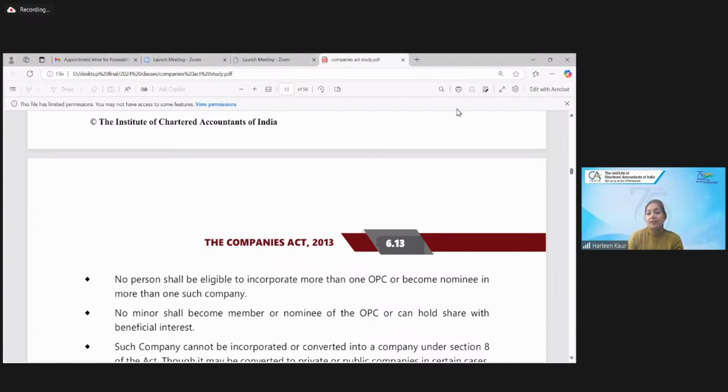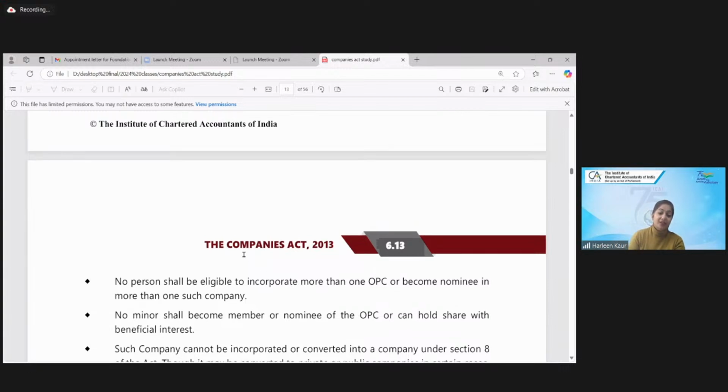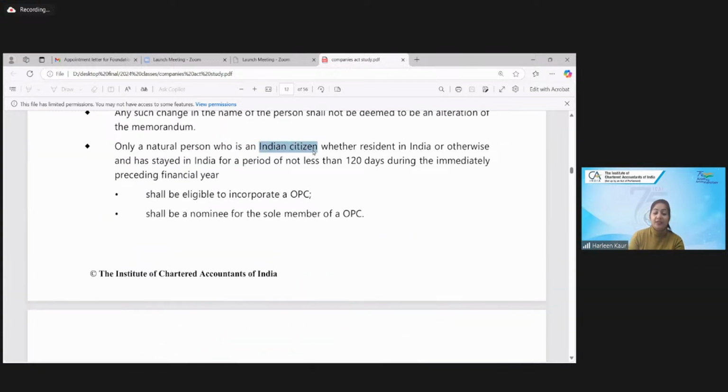Yes, Gauri wants to ask something. Better you speak. Yes, Gauri. Ma'am, nominee also should be a resident of India or not? What is the condition? The condition is he shall be an Indian citizen. Whether resident in India or otherwise, we are not bothered about the residential status. What are we bothered about? The nominee should also be an Indian citizen.